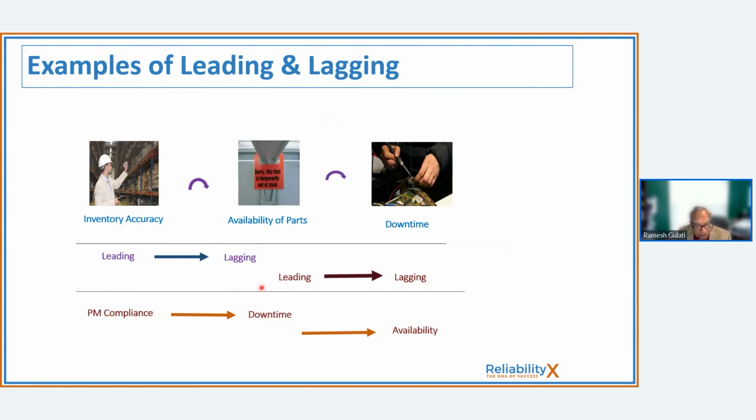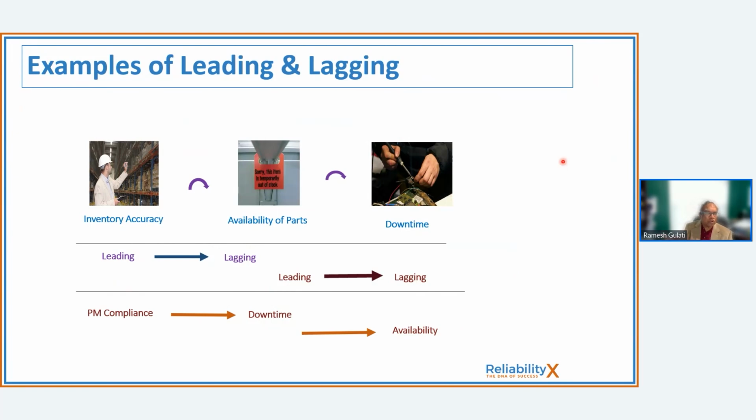Now, if I'm looking at downtime as my leading indicator, then my availability will be up and down based on my downtime. That becomes the lagging indicator, and downtime becomes the leading indicator. If my downtime due to failures is going up, my availability will go down. It'll get reflected in availability.